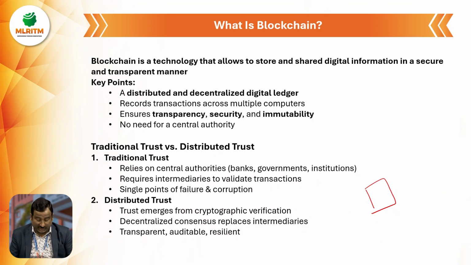Traditional trust and distributed trust. Traditional trust relies on central authorities, for example, banks, governments, and institutions. It requires intermediaries to validate every transaction, and has single points of failure and corruption.